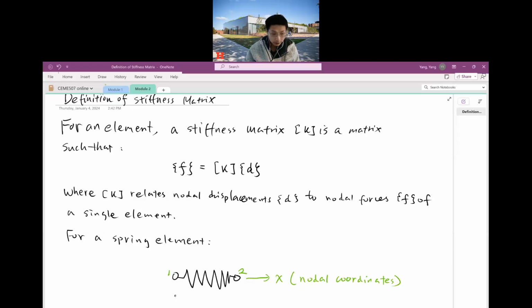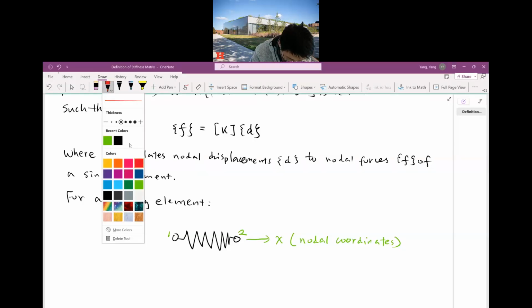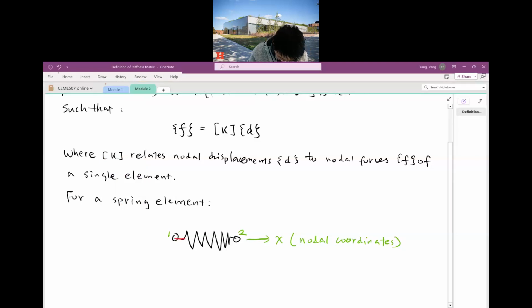So with this information, we should be able to start the derivation of the stiffness matrix here. For example, we consider the displacements. For node 1, we have the displacement in the x direction, because the spring can extend or shrink over here. So we have u1.